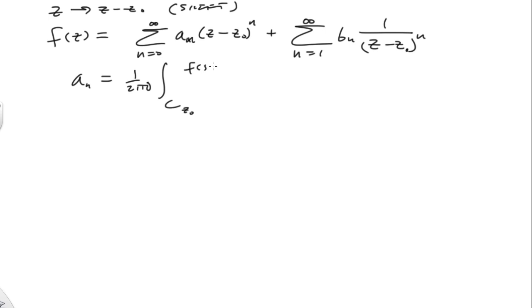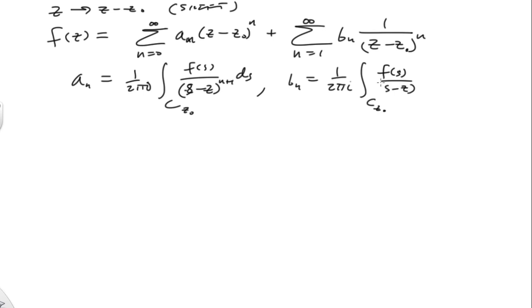An is the integral of f of s over s minus z to the n plus 1 ds, and bn is equal to 1 over 2 pi i, integral over c, some contour that encloses z naught, of f of s times s minus z to the negative n plus 1 power, ds.